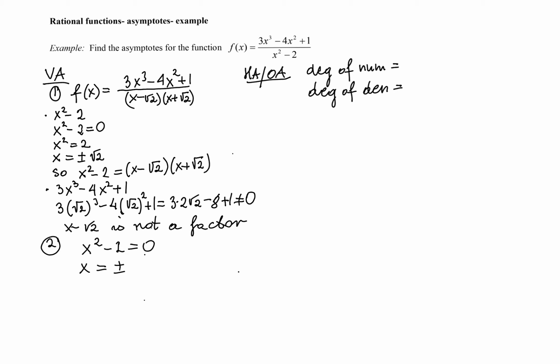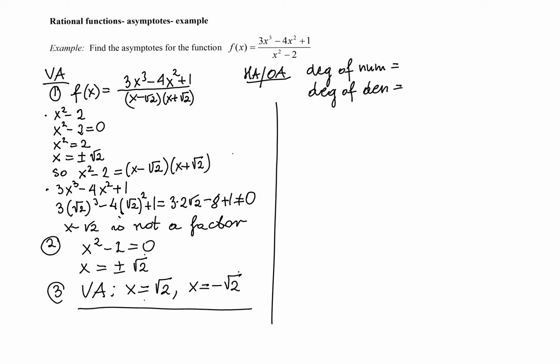We already did this. The solutions are plus or minus square root of 2. This allows me to write the vertical asymptotes as x equals the first solution, square root of 2, and x equals the second solution, negative square root of 2. So these are the equations of the vertical asymptotes.